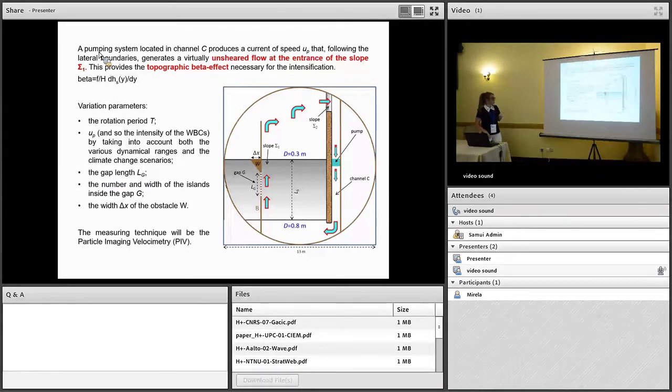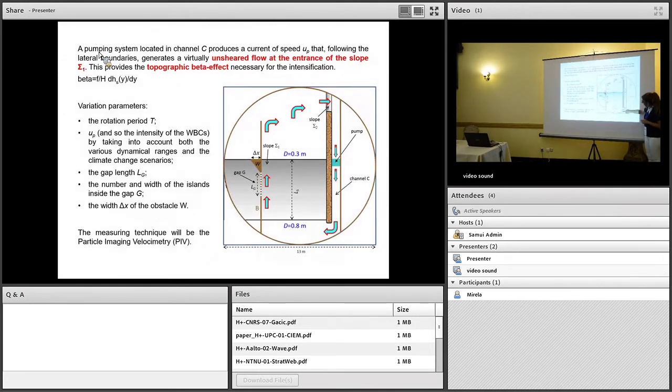Now to the experimental setup. We see here a top view of the experimental tank, which is 2 meters in diameter. On the side here, we have a channel in which we have two pumps, which produce a uniform flow along this full channel.